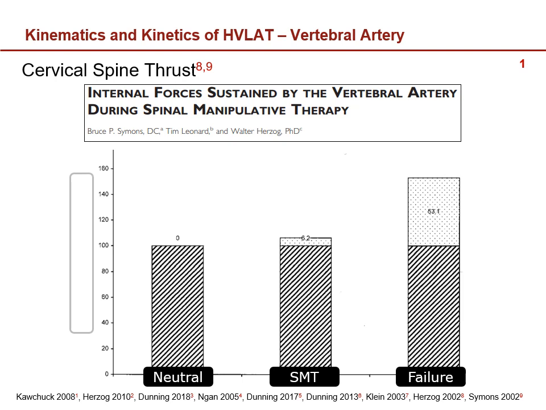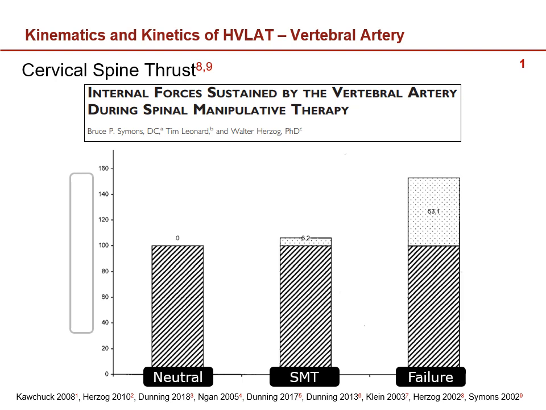Okay, so here's a visual representation of the results. On the y-axis you have strain, on the x-axis you have the neutral resting position, the SMT, and then the actual failure strain of the vertebral artery. You'll note that 0 strain, or 100% from neutral, is shown in that first bar, and then the second bar with the SMT techniques gives you a relative idea of the percentile of the total failure of the vertebral artery.